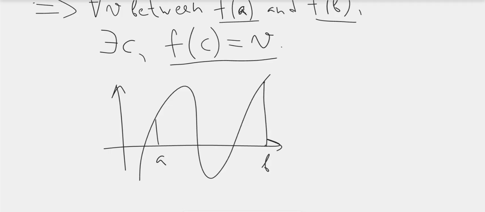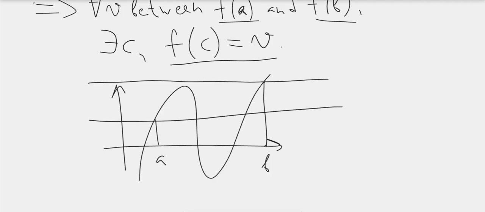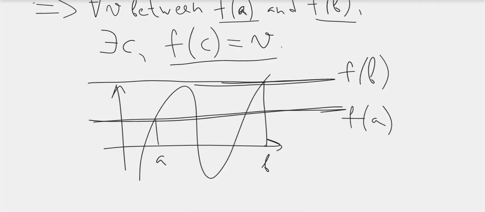All values between f of a, so this is f of a and this is f of b, all values between these two values are attained by the function somewhere in the interval.